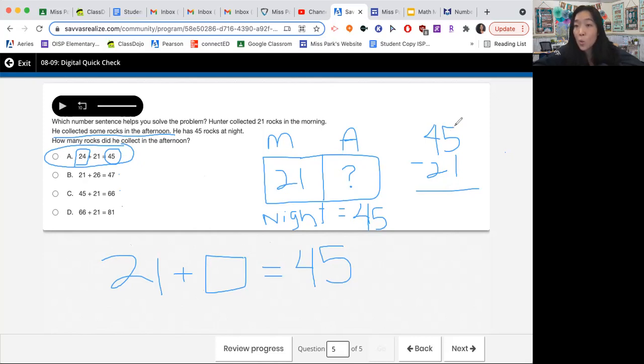Subtracting, we're going to start in the ones place, 5 minus 1. Now, there's a poem I teach for subtraction. If the number on top is a bigger number than the number on the bottom, you say, more on top, no need to stop. If the number on the bottom is a bigger number, you say, more on the floor, go next door and get 10 more.